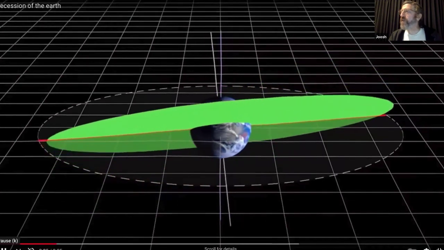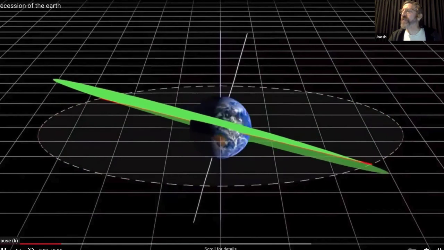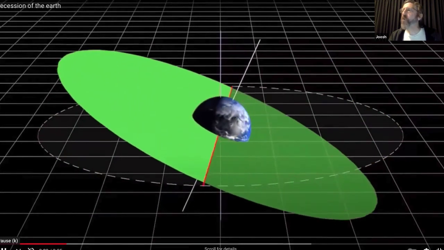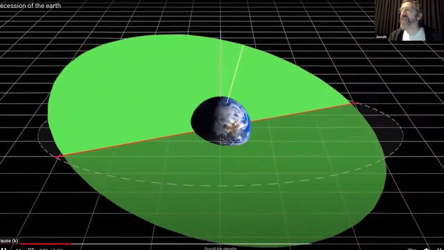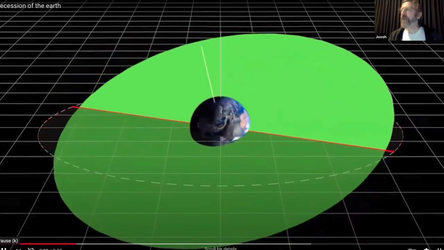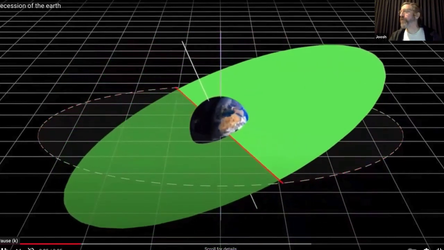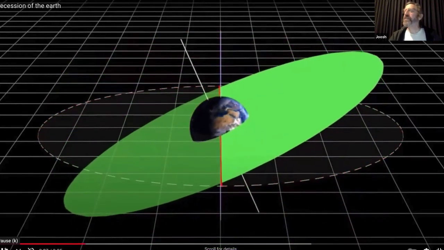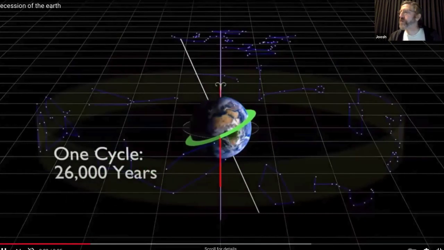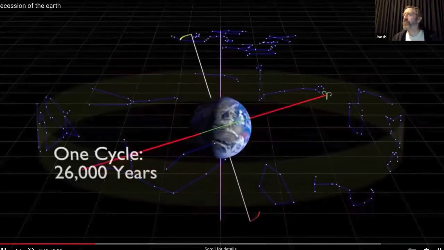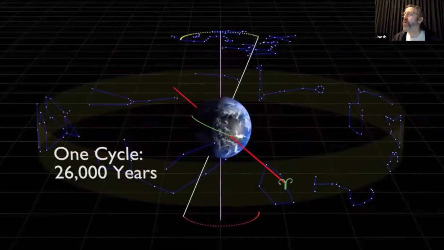What you're seeing right now, this wobble happens over 26,000 years. It takes 26,000 years for the Earth to do this once. The Earth wobbles on its axis, just like a top that's about to fall over wobbles.